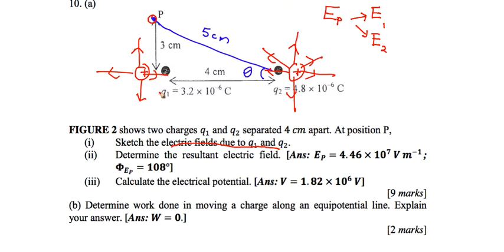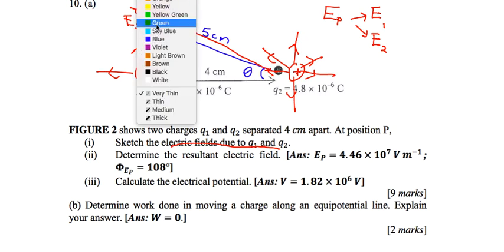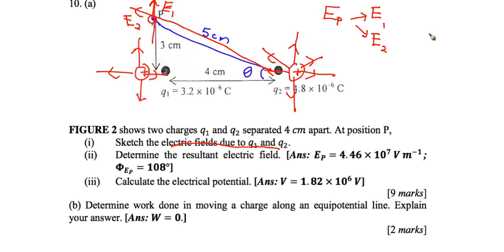The E1 for the charge Q1 direction is upward. So this is electric field E1 because of charge Q1. And we have another E for the charge Q2, direction like this. This is E2.